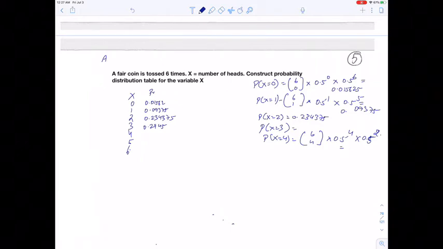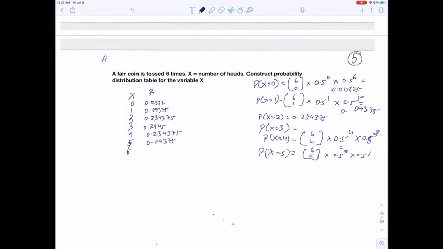It is 0.234375. For X equal to 5, 6 choose 5 times 0.5 raised to power 5 times 0.5 raised to power 1, this comes out to be 0.09375. And for X equal to 6, 6 choose 6 times 0.5 raised to power 6 times 0.5 raised to power 0, which comes out to be 0.01562.